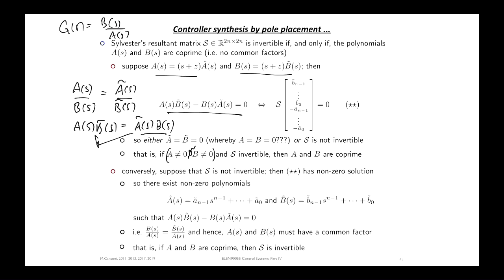B could be 0, but if B is 0, then your plant is just 0, okay? So that's probably not going to be the case, right?